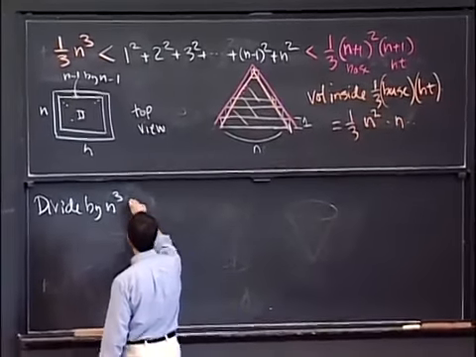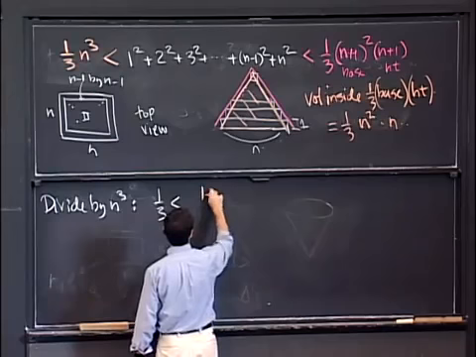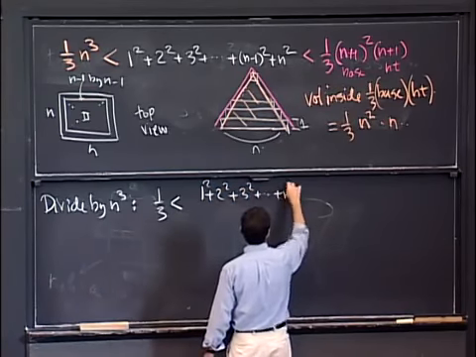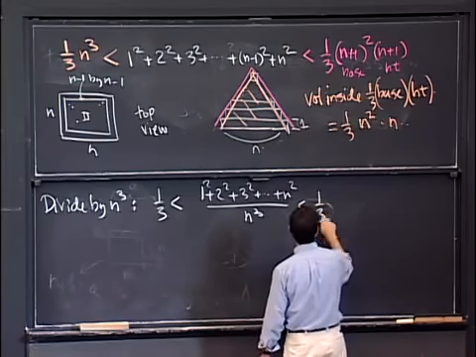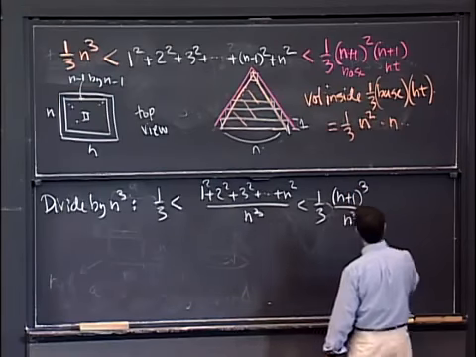set of inequalities there. And what I get here is a third is less than (1 plus 2 squared plus 3 squared plus ... plus n squared) divided by n cubed, which is less than 1/3 times (n plus 1) cubed divided by n cubed.